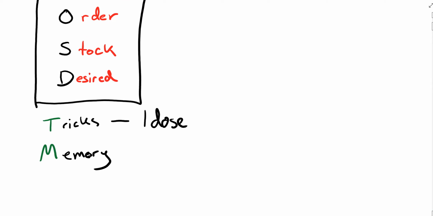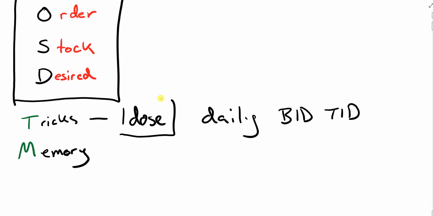Sometimes you'll see that some questions will ask you what the daily dose is as opposed to one dose. Those are different because you might be giving a medication BID, or twice a day, or TID, which is 3 times a day. So it's important to know: is this for one dose, or the sum of all the doses?